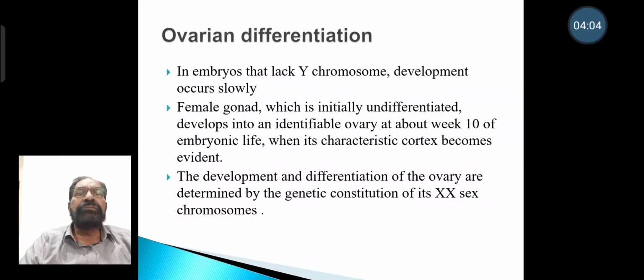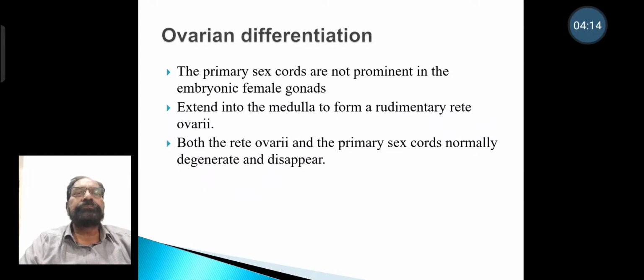The development and differentiation of the ovary are determined by the genetic constitution of its XX sex chromosomes. Primary sex cords are not prominent in the embryonic female gonads. They extend into the medulla to form the rudimentary rete ovarii. Both the rete ovarii and the primary sex cords normally degenerate and disappear.